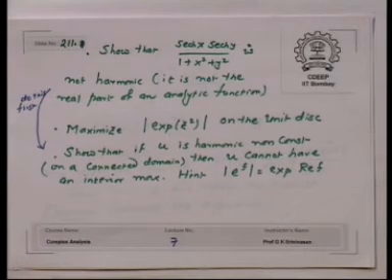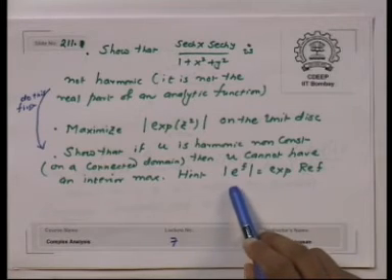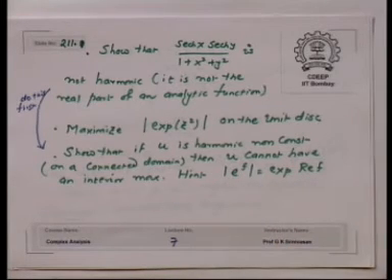A maximum principle for harmonic functions is one of the most important ideas in the theory of partial differential equations. The hint is that e to the power f has modulus e to the power of the real part of f. Apply the maximum modulus theorem to e to the power f.